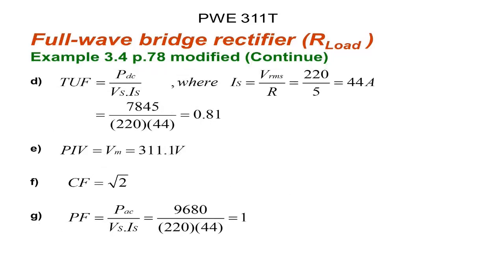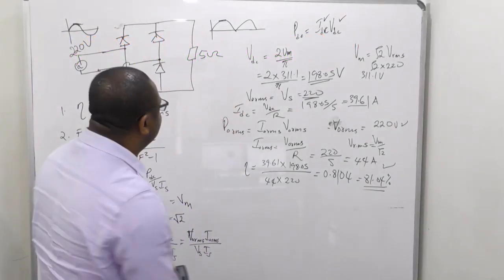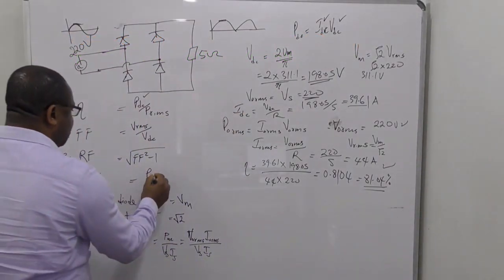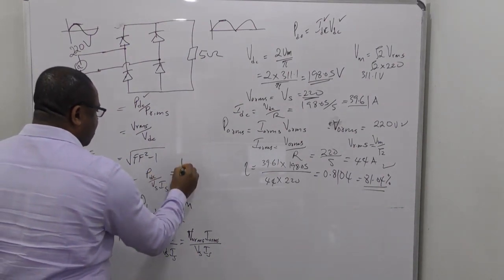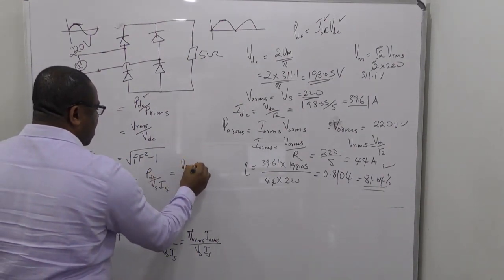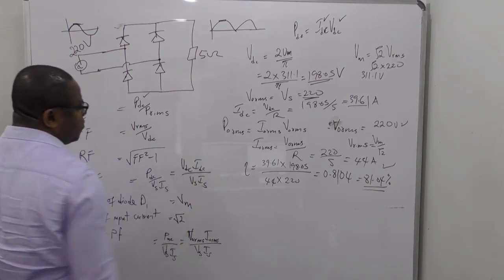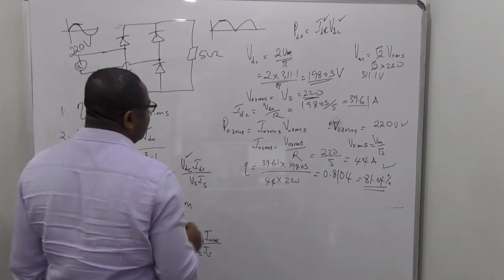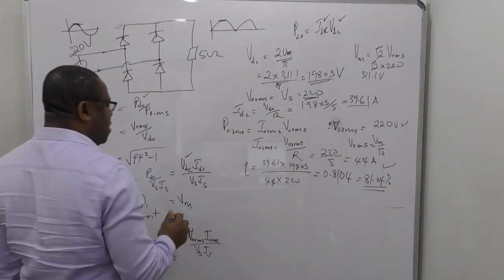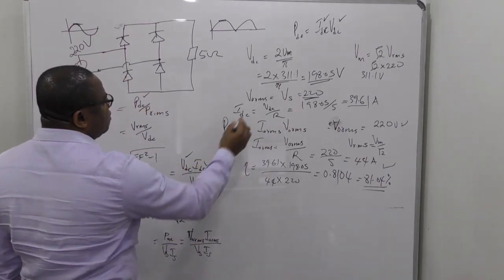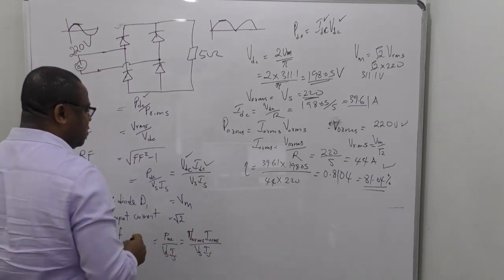Then you can also calculate the transformer utilization factor, which is PDC over VS IS. PDC we know already, which is VDC IDC, over VS IS. We have VDC calculated as 198.05 and IDC as 39.6.